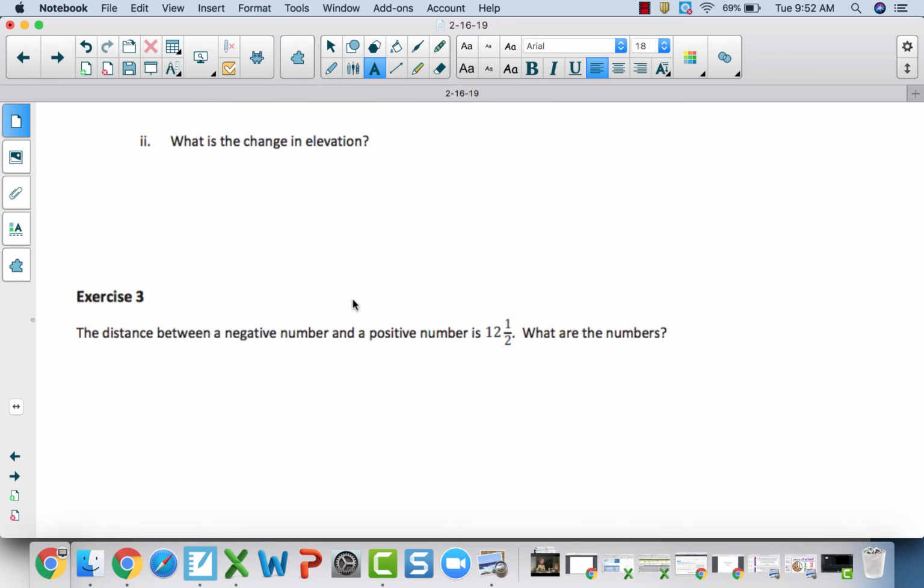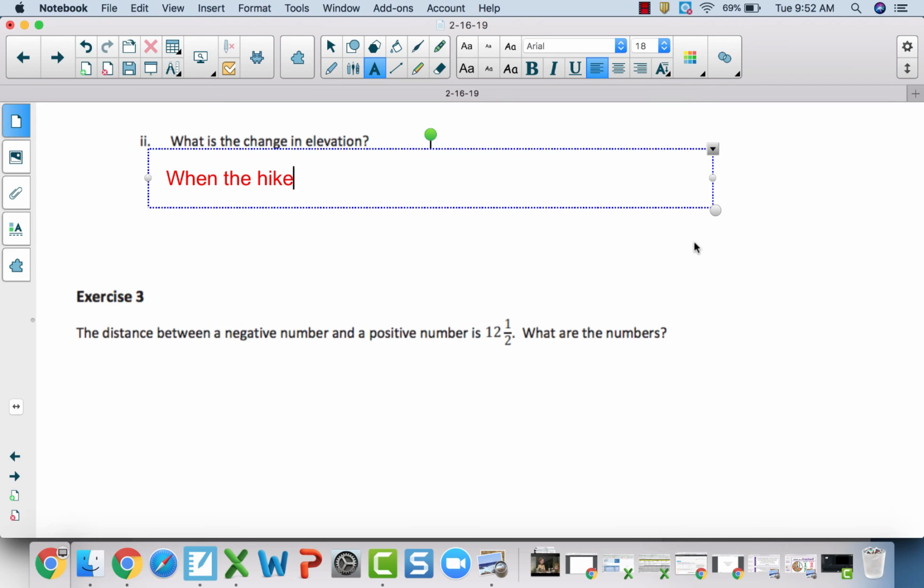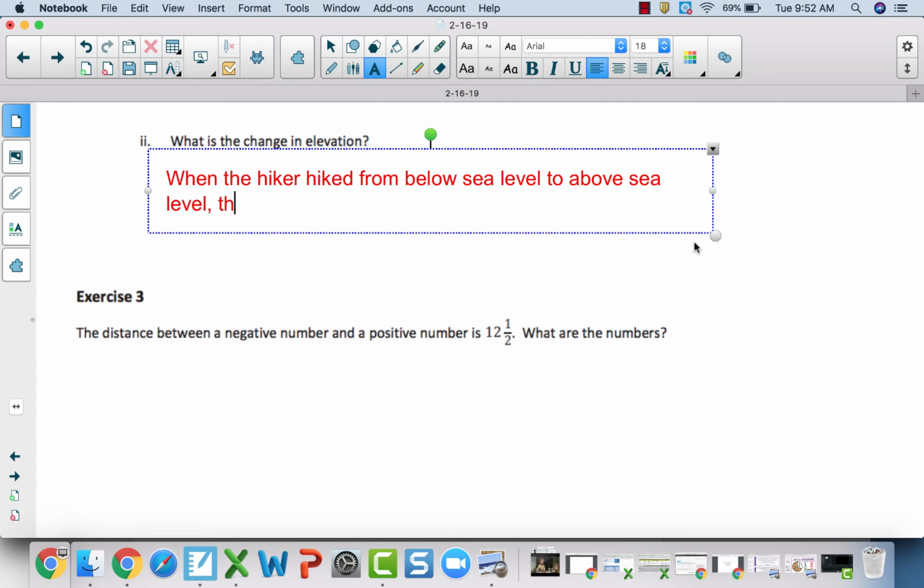Now, question 2 is asking what is the change in elevation, or how much has it moved over time? Now, change in elevation, change can be positive or negative, depending on whether something has increased or decreased. So, when the hiker hiked from below sea level to above sea level, the change was 780 feet.